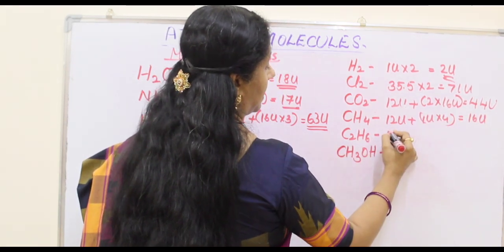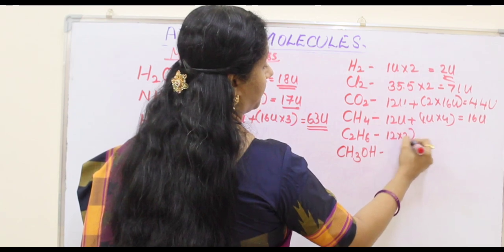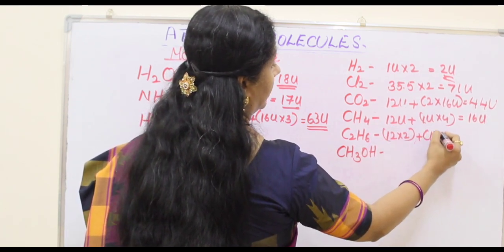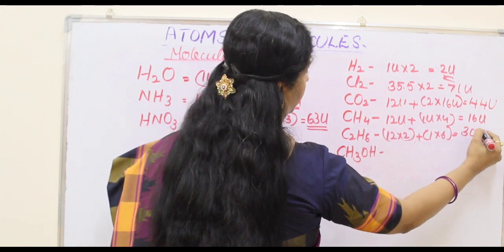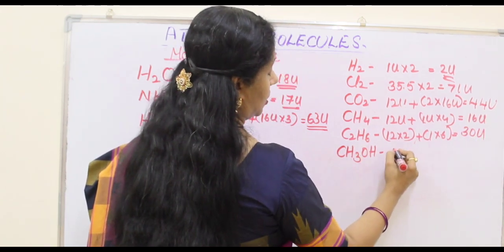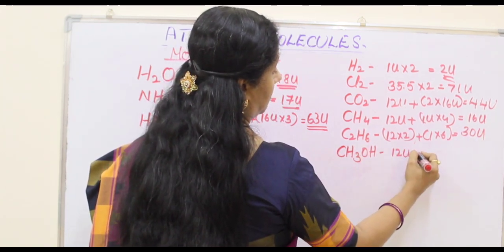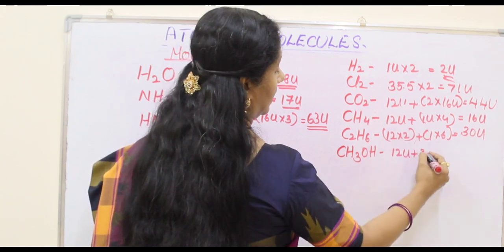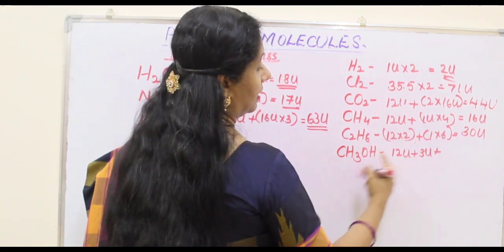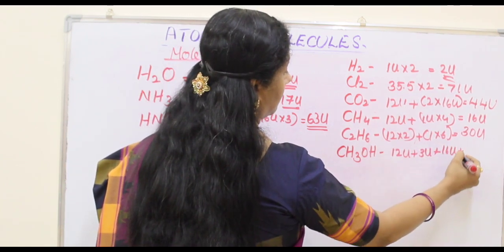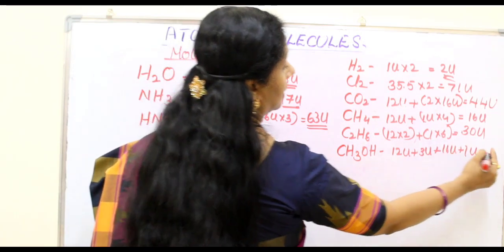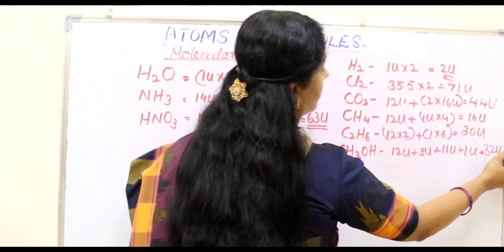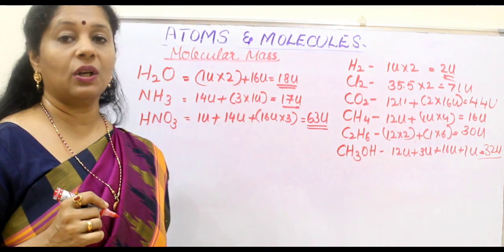C2H6: carbon is 12 into 2 plus hydrogen 1 into 6, so 24 plus 6, 30U. Here CH3OH: C is 12 units plus hydrogen 1 into 3, 3 units, plus oxygen 16 units plus 1 more hydrogen, 1 unit. So 32 units. This is how you calculate molecular mass.